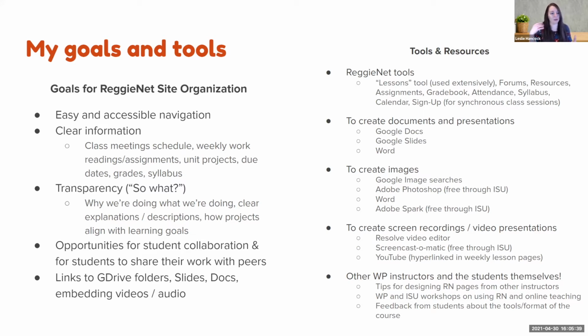And so one of the things we have to remember is that some of my goals, I've got the gears turning as I'm talking here, are related to that. I'm keeping in mind that we have students that are still learning to navigate ReggieNet for the first time. So easy and accessible navigation is important all the time, but it's exceptionally important for students who are learning ReggieNet for the first time. I'm sure anybody who remembers their first time on ReggieNet remembers that it's not an easy program to navigate.